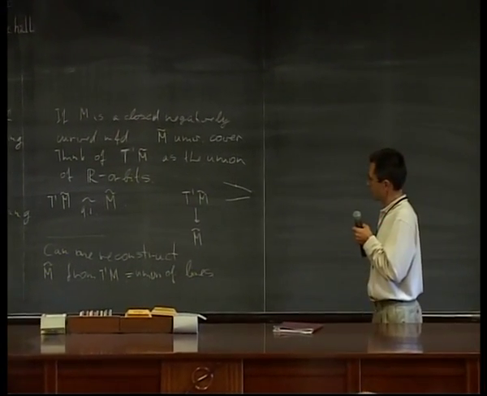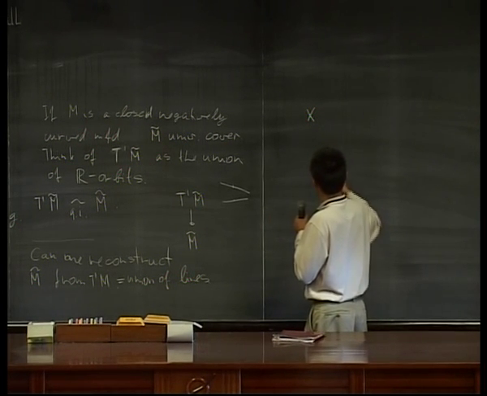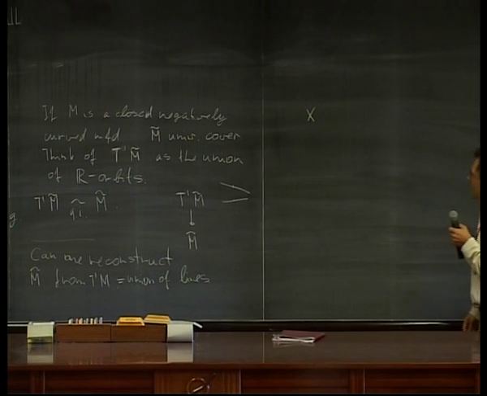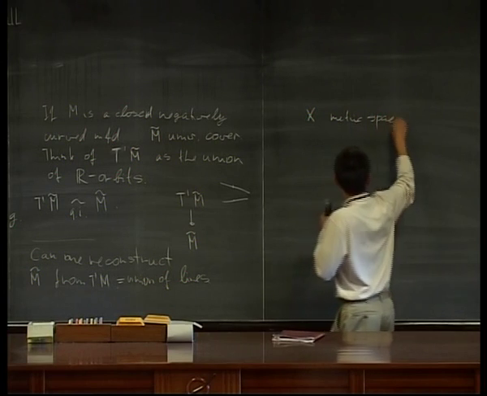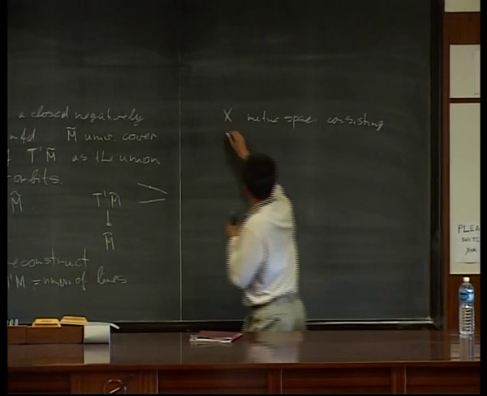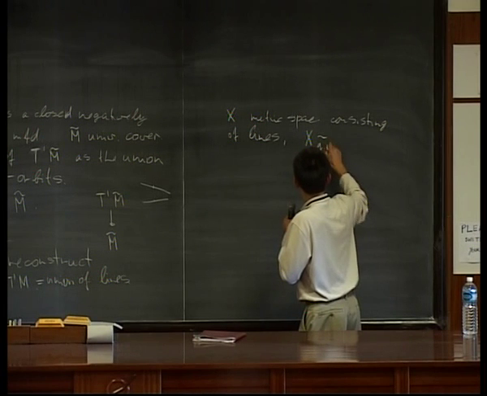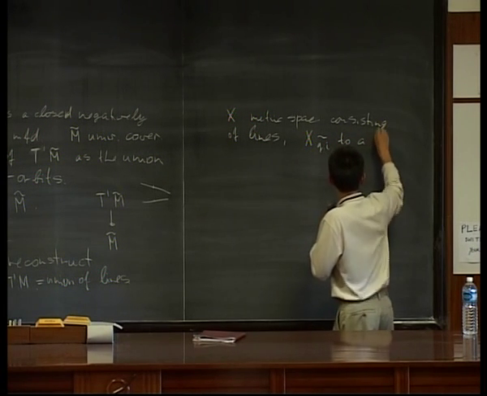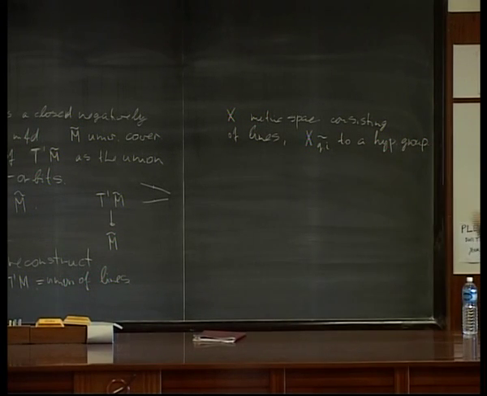And assume that this space X, a metric space consisting of lines, is quasi-isometric to some hyperbolic group, for example the fundamental group of this manifold.